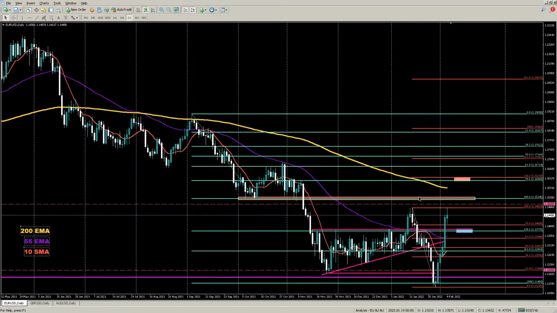So we'll see how strong that support is going to be going into next week. There's no major news for the Eurozone next week, and key news from the US will be the CPI figure that could trigger further US dollar moves following the non-farm payroll data.